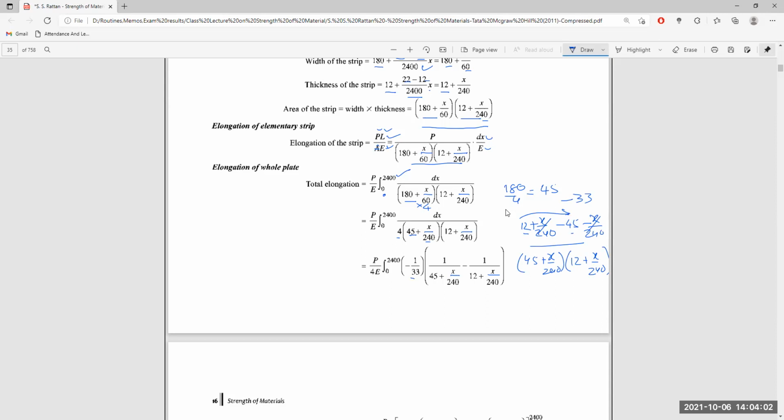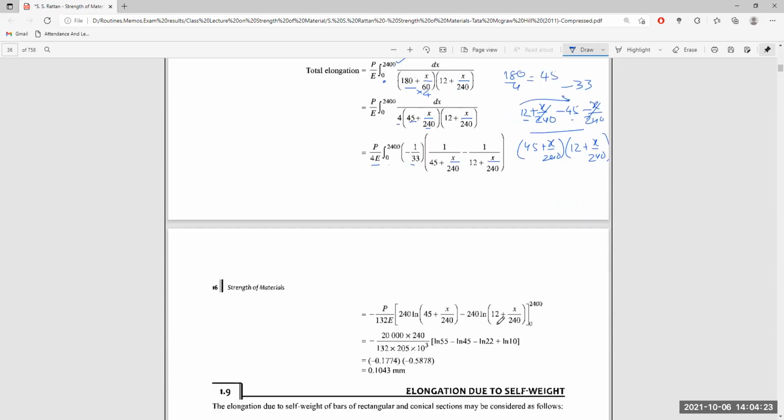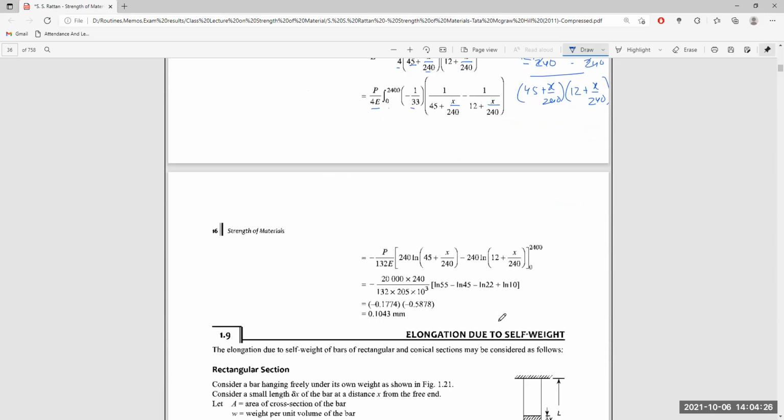So thus in this equation, the 4 goes outside: P divided by 4 into E. The integration remains the same, 0 to 2400. So 1 by 33 times 1 by (45 plus x by 240) minus 1 by (12 plus x by 240). We can integrate it like this.